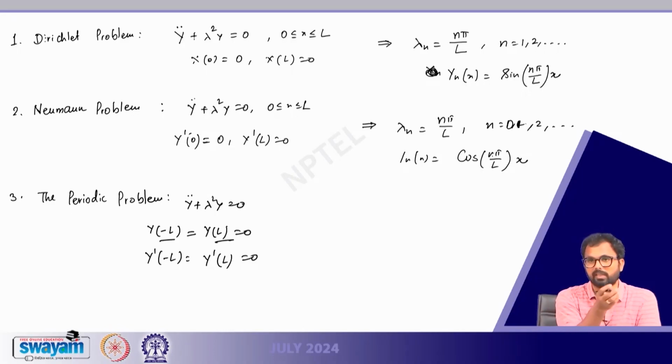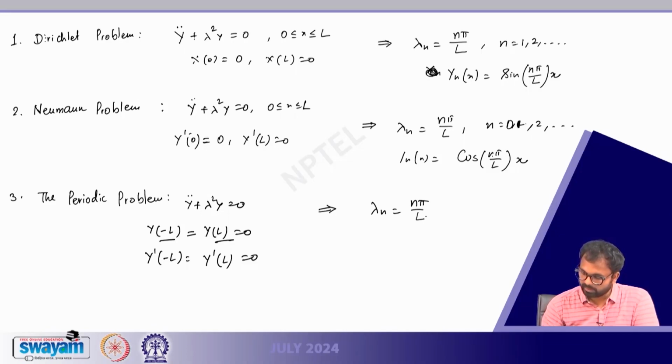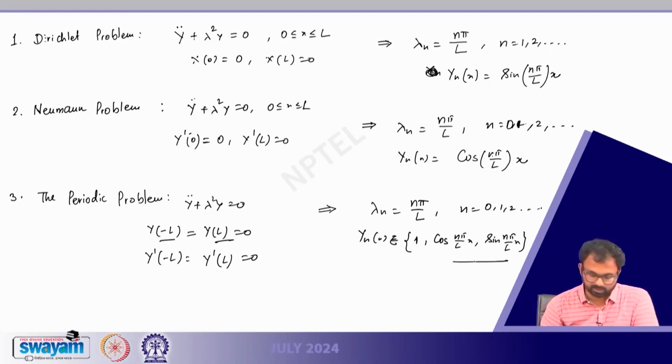Whatever condition we have at minus L, the same condition we have at L, and the same for y dash. From here we will get lambda n equals n pi by L, where n is 0, 1, 2, 3, and so on, and our eigenfunction y n of x will be 1, cos of n pi by L x and sine of n pi by L x. So it can be a combination of these three functions. It can be any of these functions if we have a periodic boundary condition.